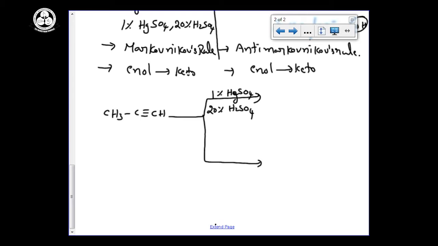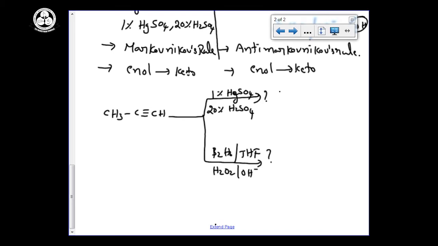Here I am giving B2H6 in THF. Second one is H2O2 in OH minus. Two reagents we are having here. Now what is the major product for the first compound and what is the major product for the second one? Here also there is an enol and keto form.